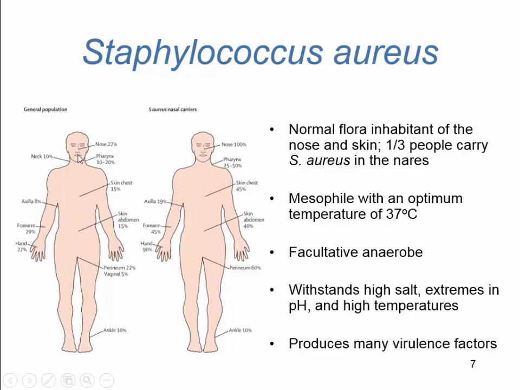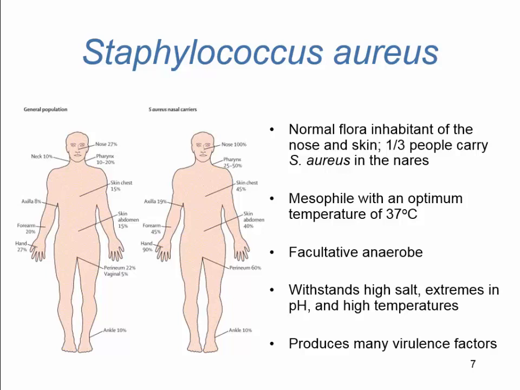So Staphylococcus can be isolated from pretty much all bodily parts. In some cases, you have individuals who are considered carriers of this microbe. These carriers have nearly 100% colonization in the nares, and nearly a third of the population are considered carriers of Staphylococcus. It is indeed still normal flora, and so not causing damage or harm.